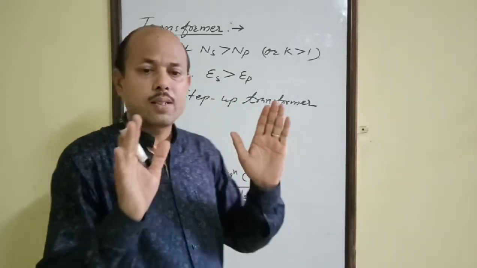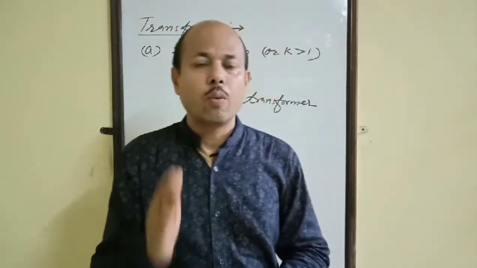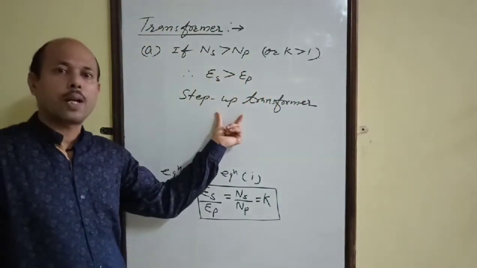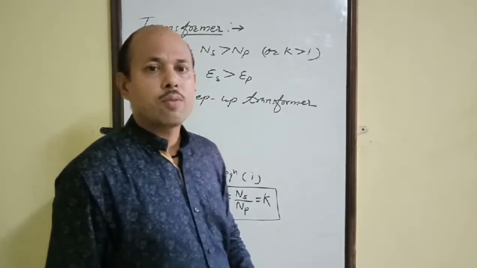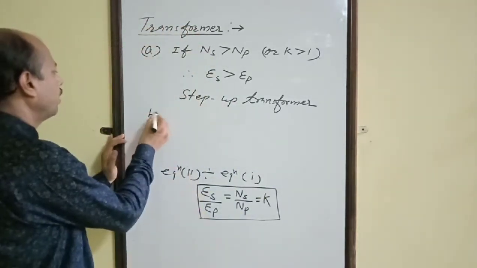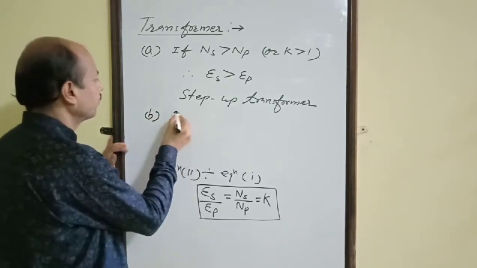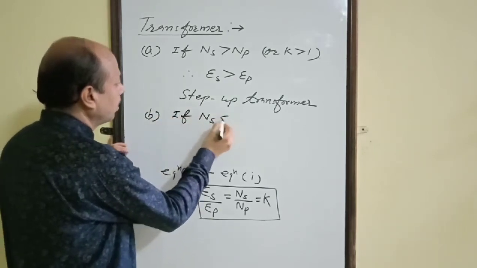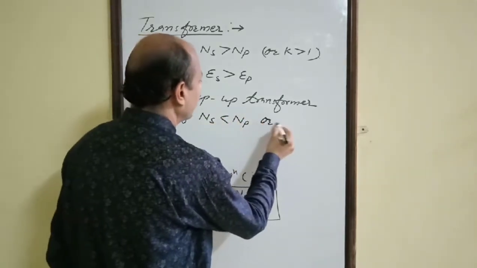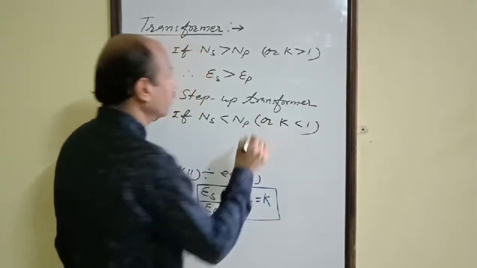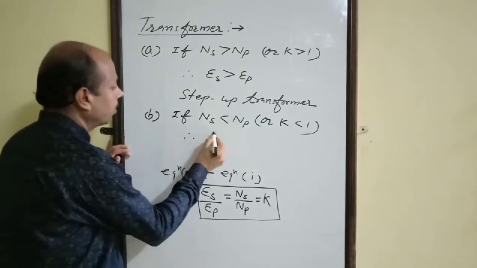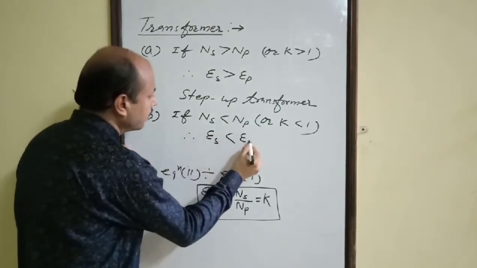What is the condition for step up? The number of turns in the secondary coil should be more than the number of turns in the primary coil. Then the transformer is said to be a step up transformer. Second part: if NS is less than NP, or K is less than 1, therefore ES is less than EP.